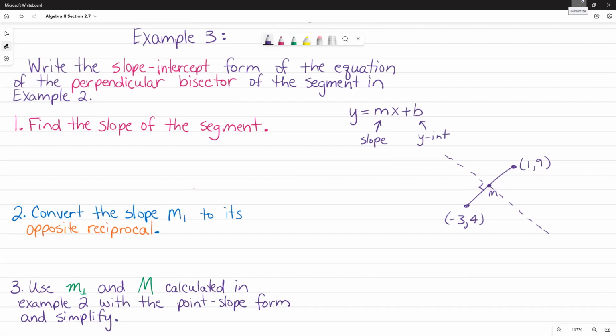At the midpoint, remember what it was. A bisector means that it sections off that line segment in the exact middle. So both sides are exactly the same length. So bisector means that it intersects at the midpoint.